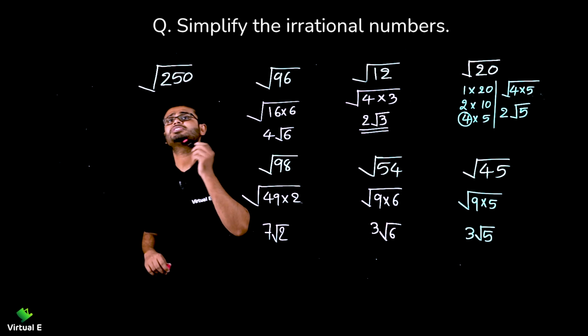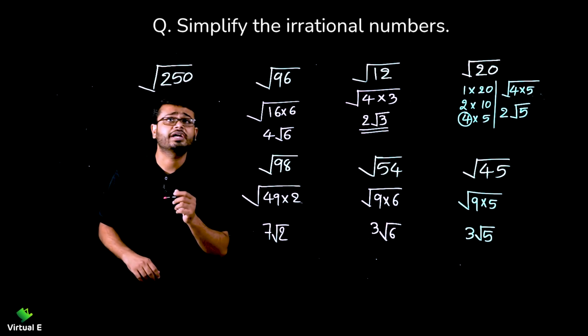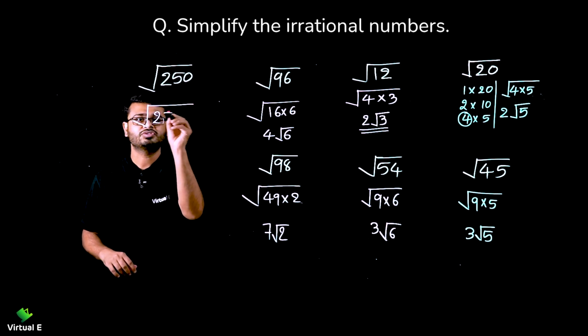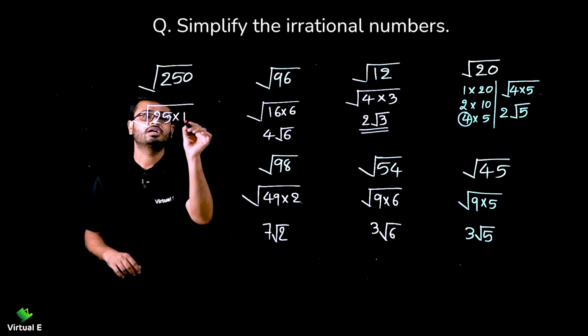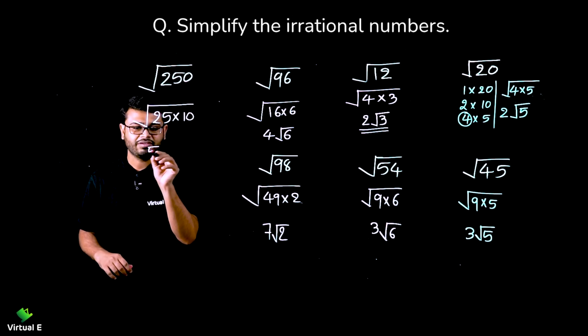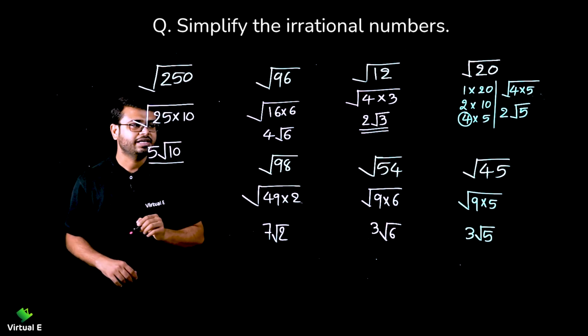Very simple. And square root of 250. So how to do this kind of question? Simple. You can see the 25 over there, so separate it. So if you separate, that will be what? 25 into 10. Now square root of 25 is what? 5 here, and this we cannot find it, so it is 5 square root of 10.